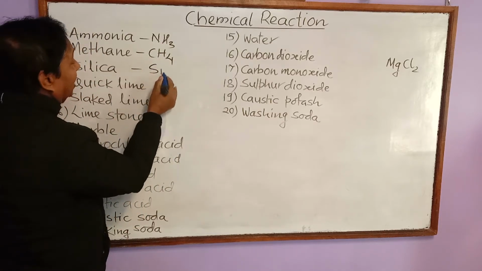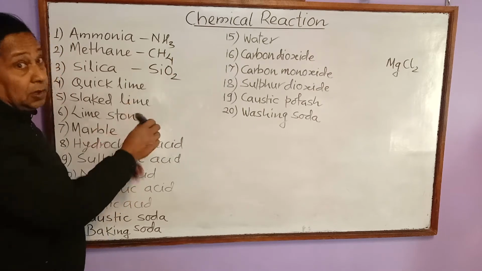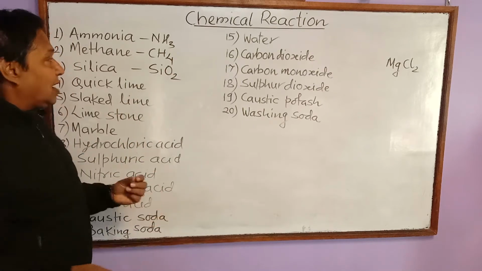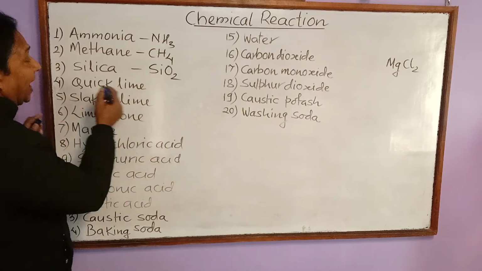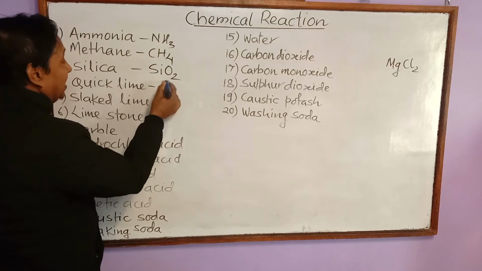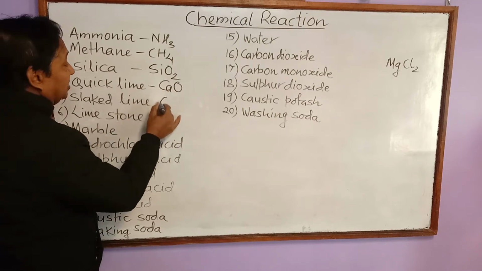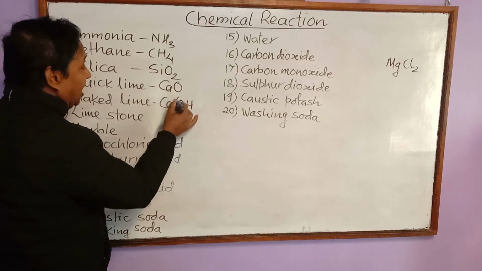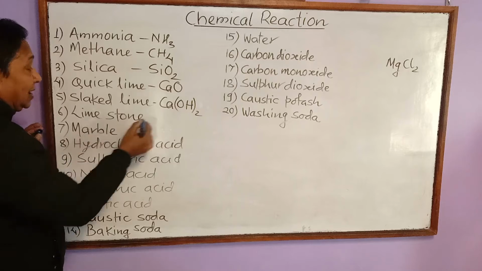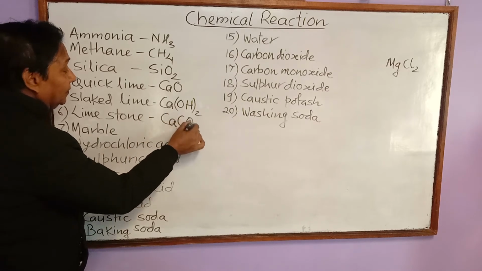Silica means silicon dioxide. If silicon dioxide is told, then we can write this, but if only silica is told, then sometimes we may be confused. That's why we have to remember this. Quicklime doesn't say that it has calcium and oxygen. In the same way, slaked lime means calcium hydroxide. And limestone is calcium carbonate.